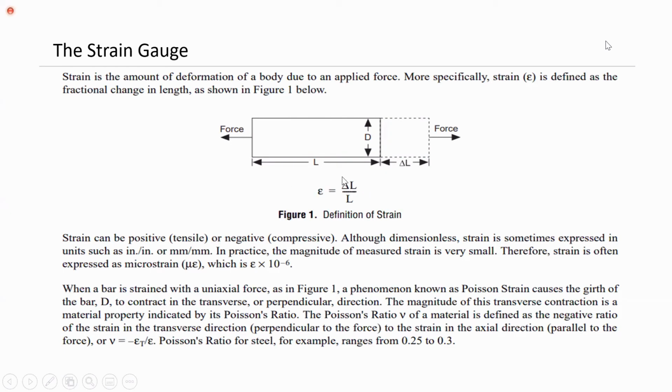Initially, this metal plate has length L, and we are applying strain on the plate. If you observe, students, here we got a small increment in the length. Strain is represented by modulus. Strain can be positive or negative.